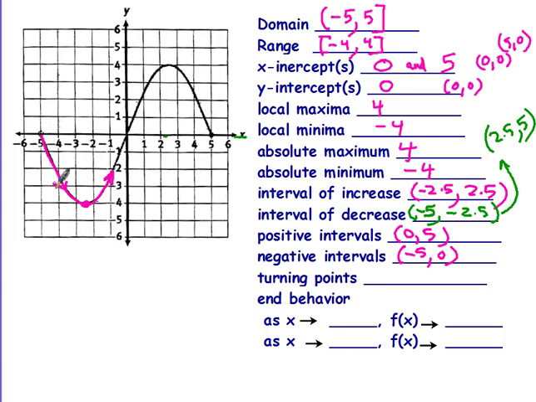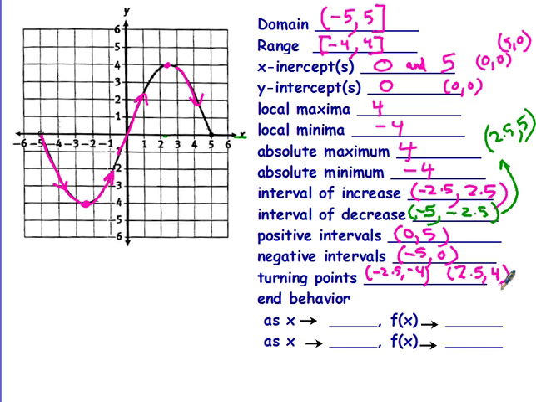That's negative 2.5, comma, negative 4. And we have one other turning point. We're going uphill, and when we reach this point, the graph starts to head downhill. We just need to write that ordered pair for that turning point. That's positive 2.5, comma, 4.